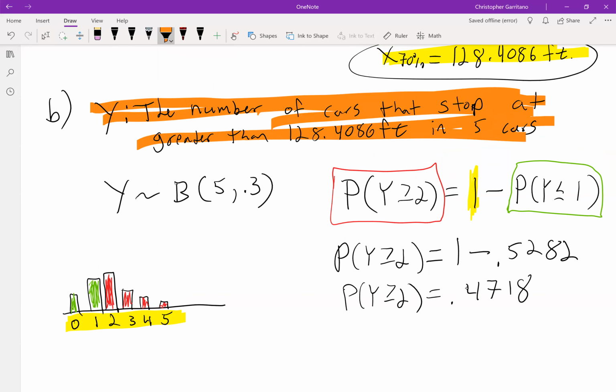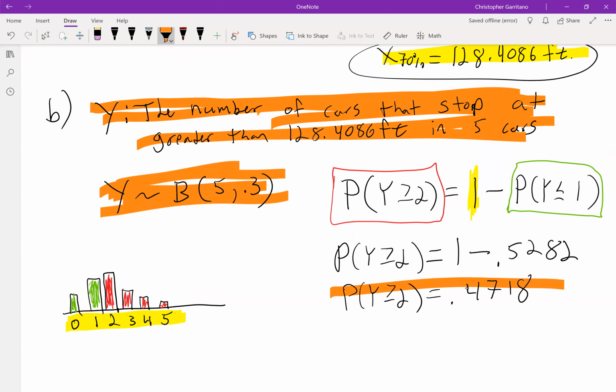In other words, since we're counting the number of successes in a fixed number of trials, be sure to list those fixed number of trials, which in this case is 5. Define your distribution, and then your p notation. So really, you don't have to go through the steps of showing 1 minus blah, blah, blah. I just want to make sure that you understand that that's how you're going to have to calculate these numbers.